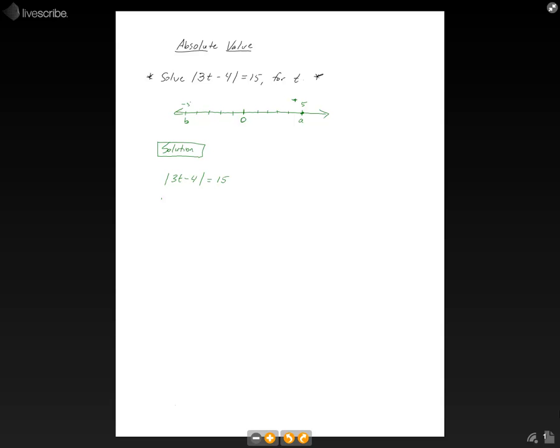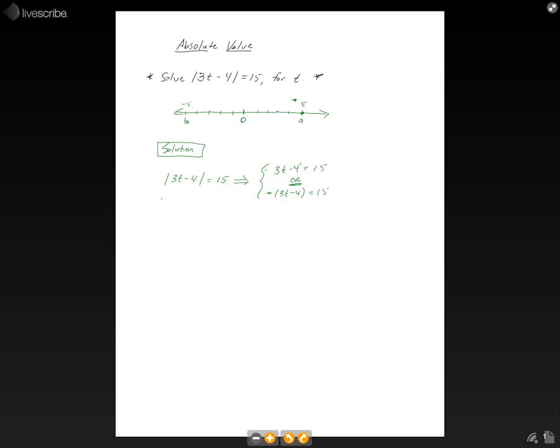Now the way you interpret that in an equation is going to be the same for any equation you do, is that 3t minus 4 is equal to 15, or the negative of 3t minus 4 is equal to 15.